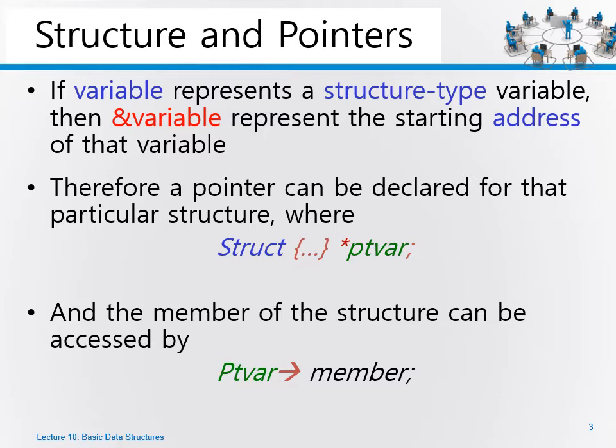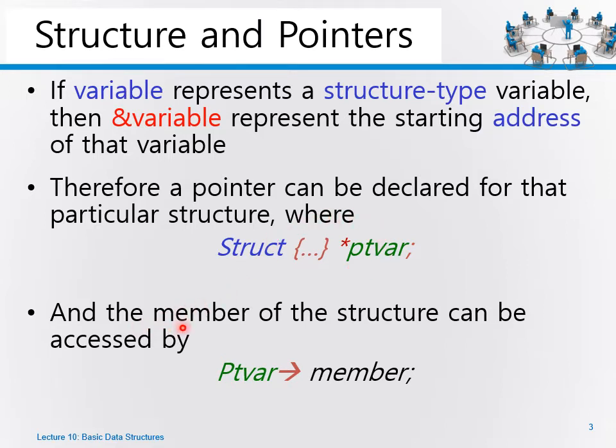If a variable represents a structure type variable, then we can assign the address of the variable, which represents the starting address of that variable. Therefore, a pointer can be declared for that particular structure, where we declare the struct and list out all the members of that structure. Then we have the pointer to a variable of this structure.